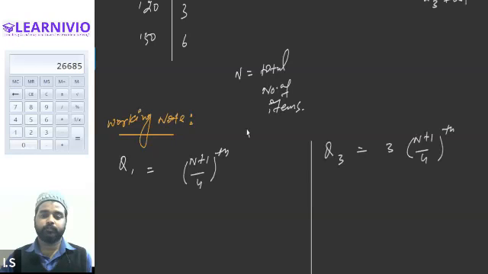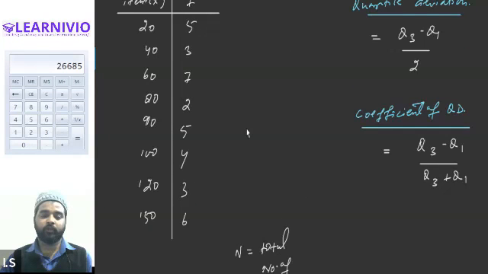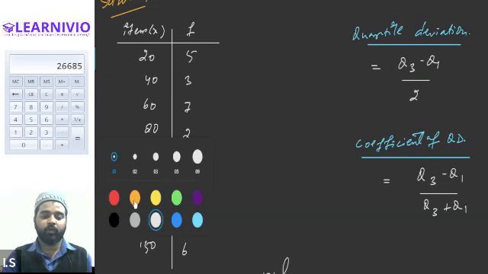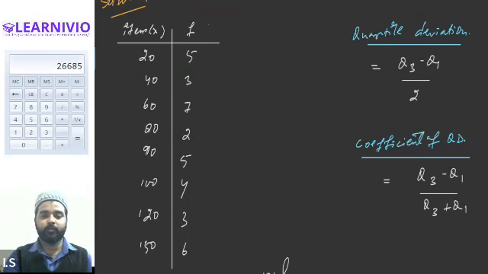So whenever you solve the discrete series, you will always calculate the cumulative frequency of the series. Always remember this. Whenever you want to calculate Q1 or Q3, you will have to calculate cumulative frequency.